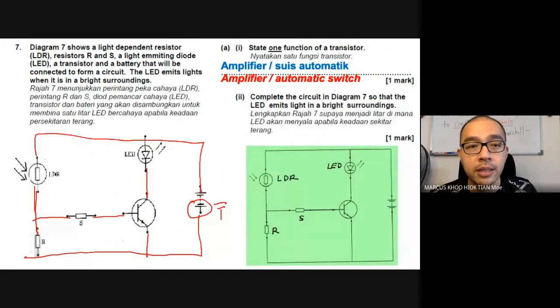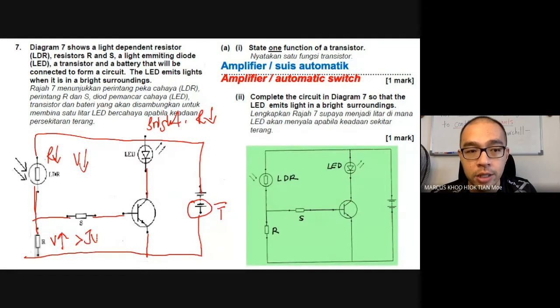Think about this. Now you're talking about bright. When it is bright, the resistance of the LDR is low. So resistance low, voltage low. If the voltage here is low, the voltage here will be high and exceed the junction voltage.